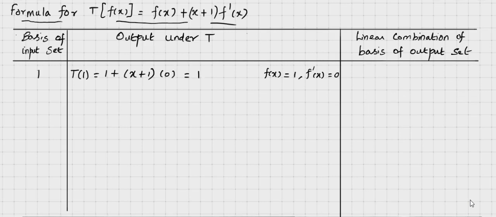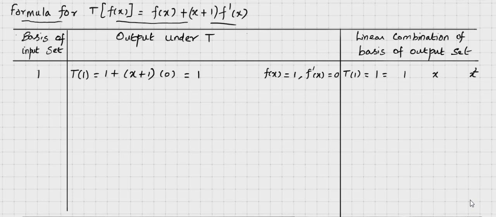In this column, we are going to write T of 1 equal to 1 as a linear combination of the basis of the output set. Here the output set is P2 of R. What is its basis? 1, x and x square.